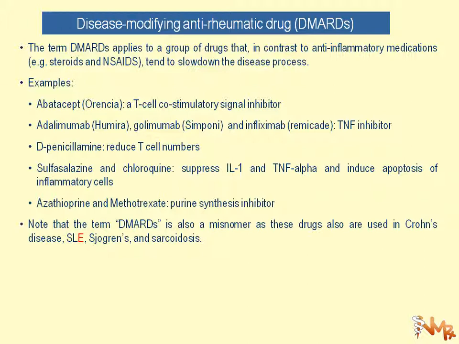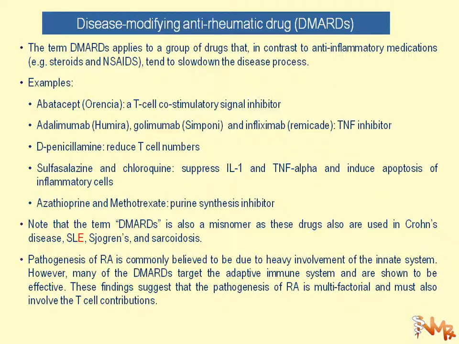I want you to note that the term DMARD is also a misnomer, as these drugs also are used in Crohn's disease, systemic lupus management, Sjogren's disease management, and management of sarcoidosis. Pathogenesis of rheumatoid arthritis is commonly believed to be due to heavy involvement of the innate system.